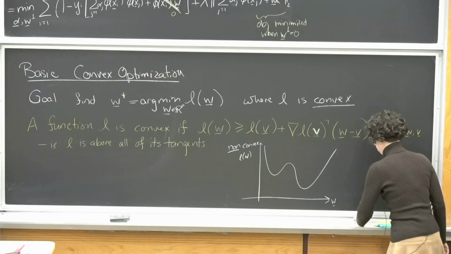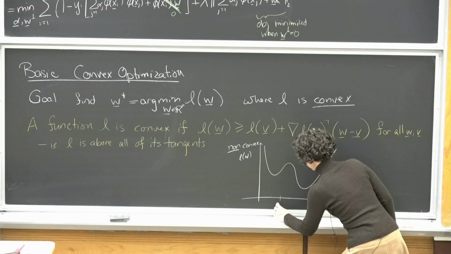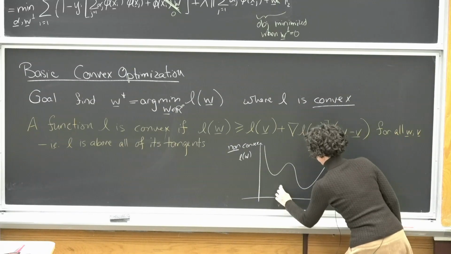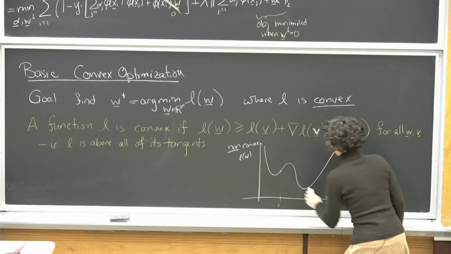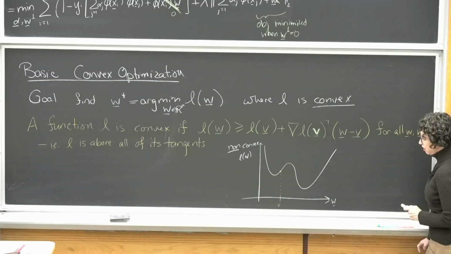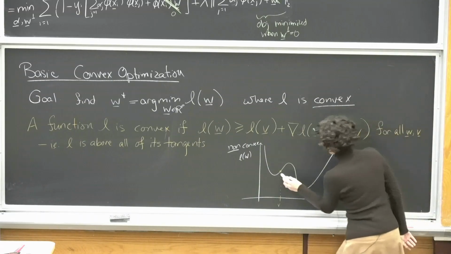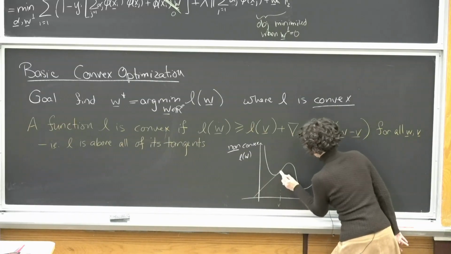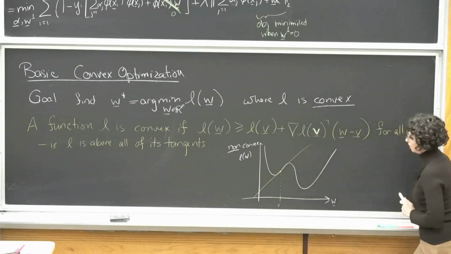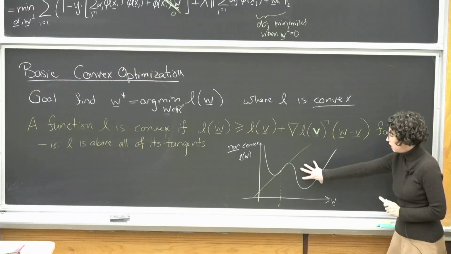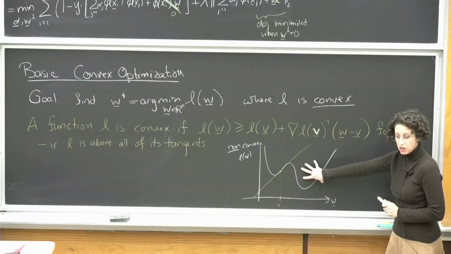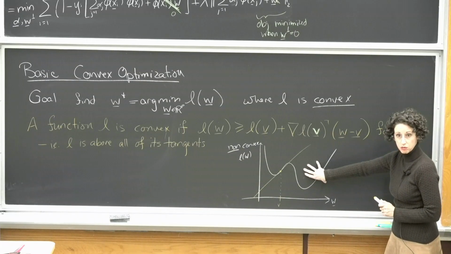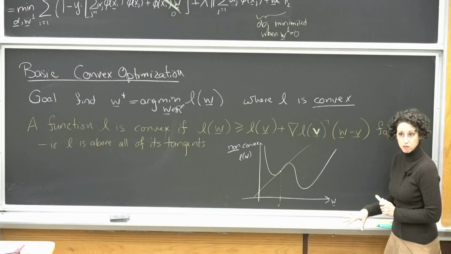So now if I were to look at a point, let's say here, V, and I try to draw a tangent line to the function there, then I'm looking at the derivative to choose my slope, and so I get my tangent function like this, and I can see that there are many places where my function is below that tangent, and so this is not a convex function. Good?